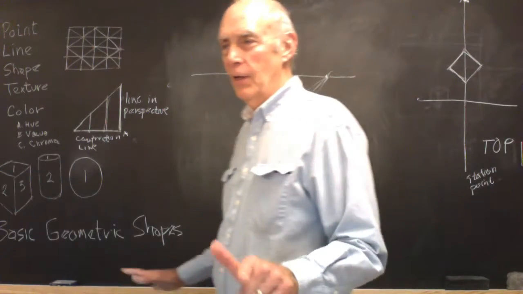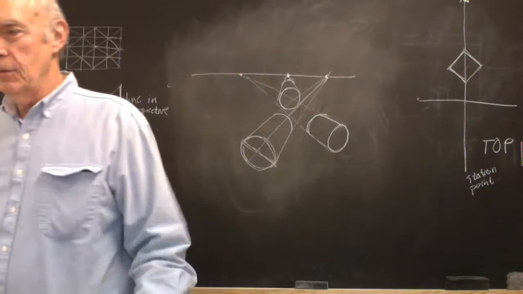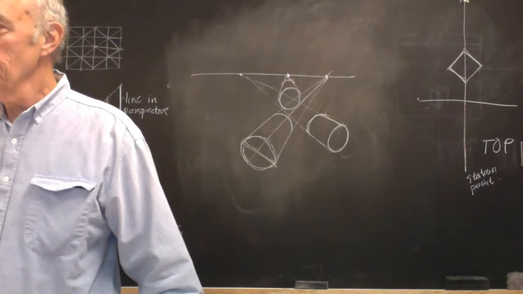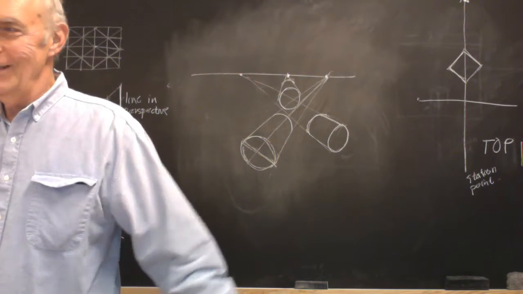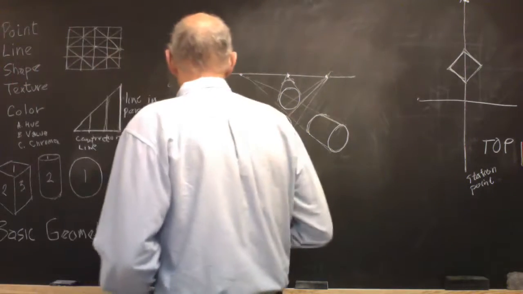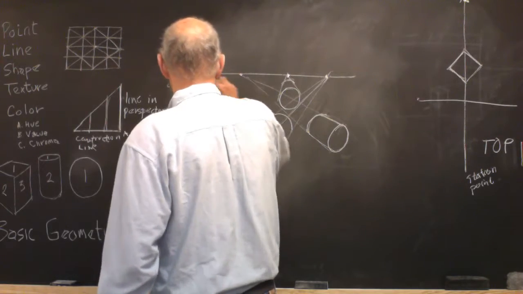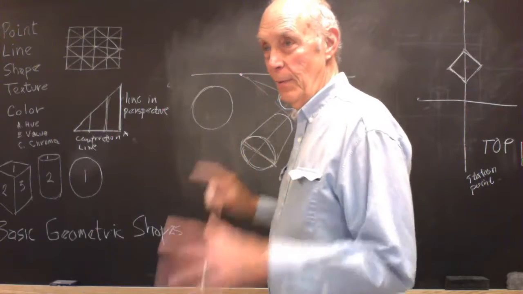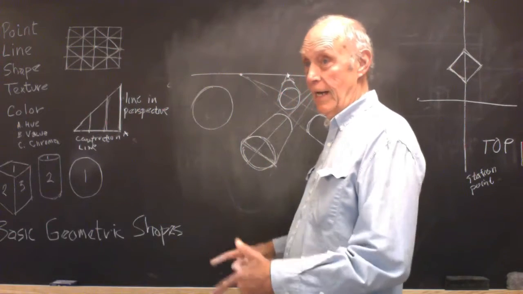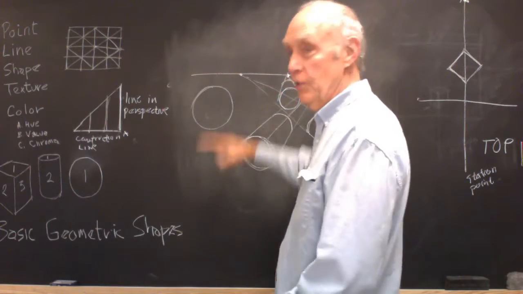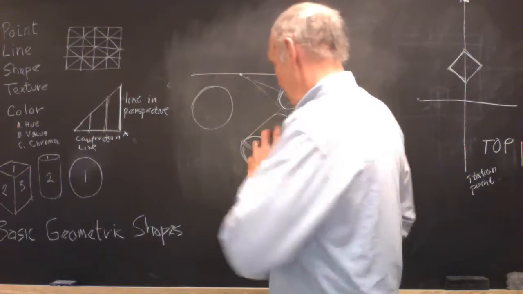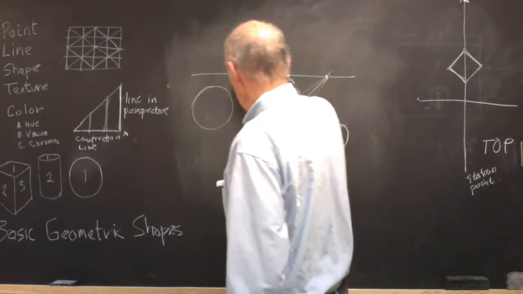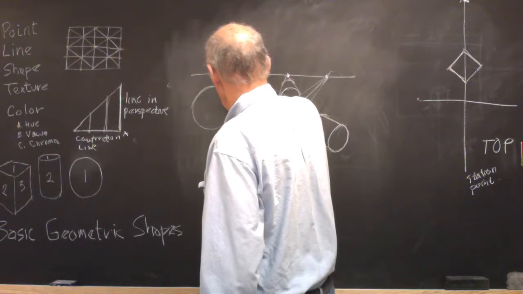Well, you know what? I'm gonna talk about the sphere. It's great. It's always a circle. The only thing that changes is, remember position in picture plane and size? It changes position in picture plane and size. The further away it gets, the smaller it gets.